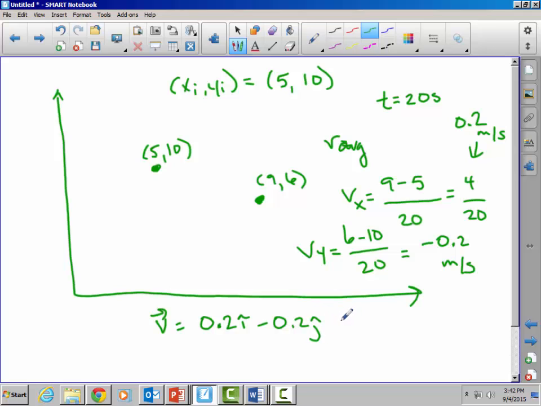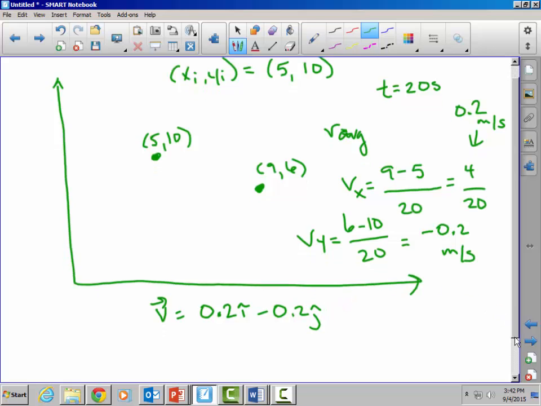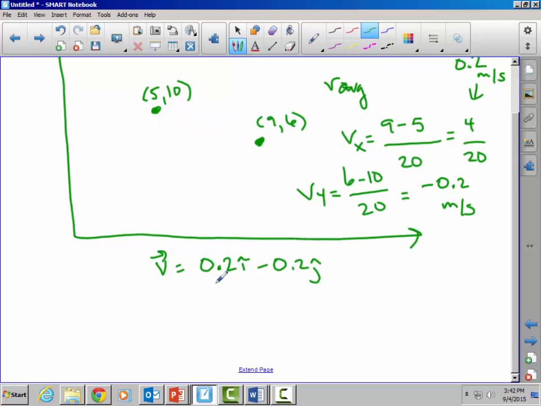And then to actually find our final or our average velocity, we would need to resolve this vector, or in other words, we would need to do Pythagorean. 0.2 squared plus 0.2 squared, and then we would square root it. And that would give us our answer. So let's do that real quick.